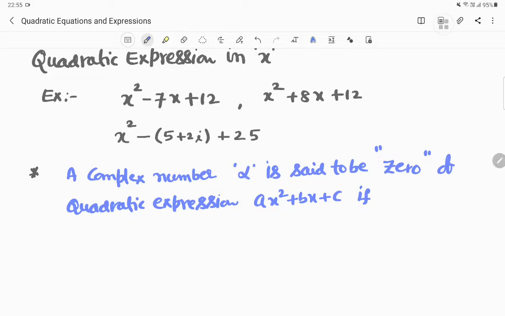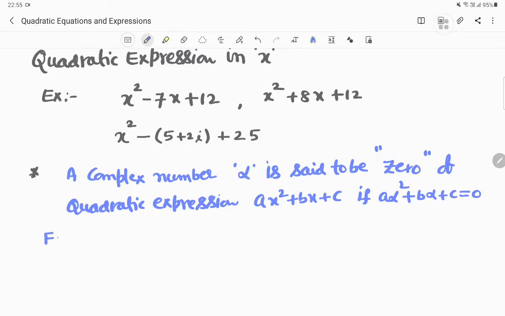Here alpha is the zero. So if a alpha square plus b alpha plus c is equal to 0, then only alpha is a zero of the quadratic expression ax square plus bx plus c.